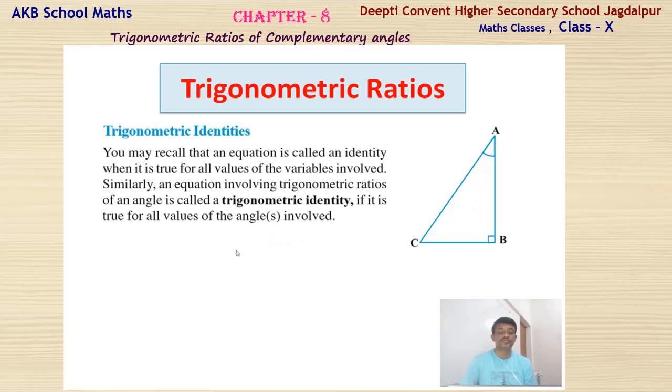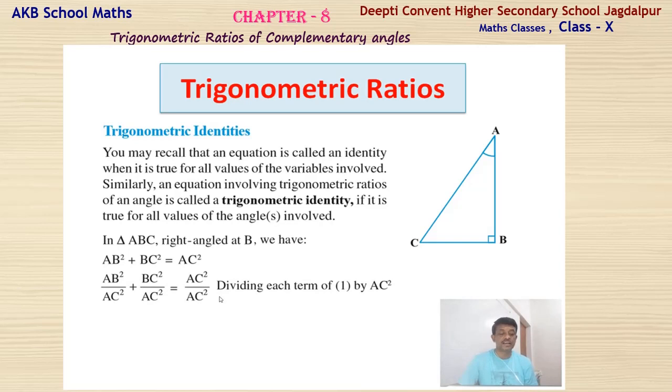Suppose ABC is a right angle triangle, then by Pythagoras theorem, AB square plus BC square equals AC square. Now you can divide this relation by AB square, BC square or AC square. So first of all, divide it by AC square.